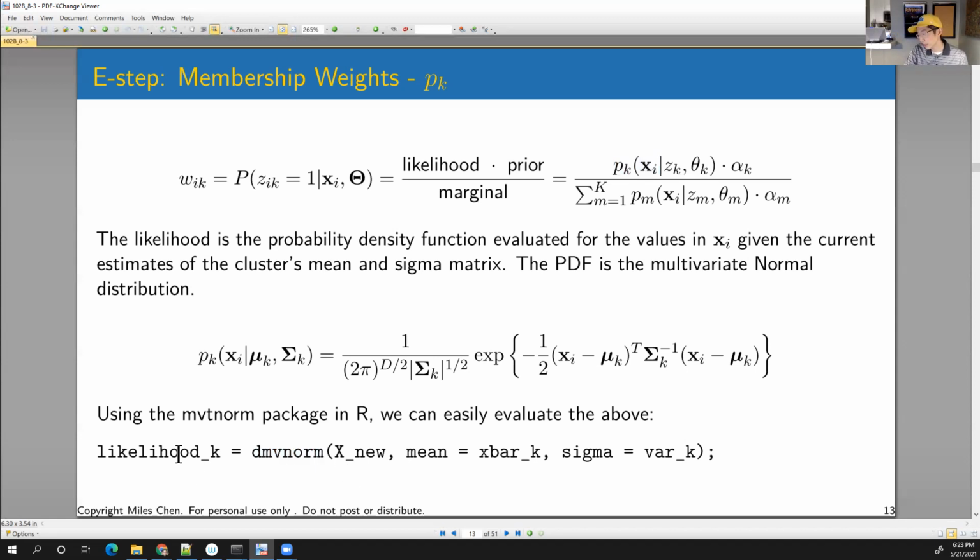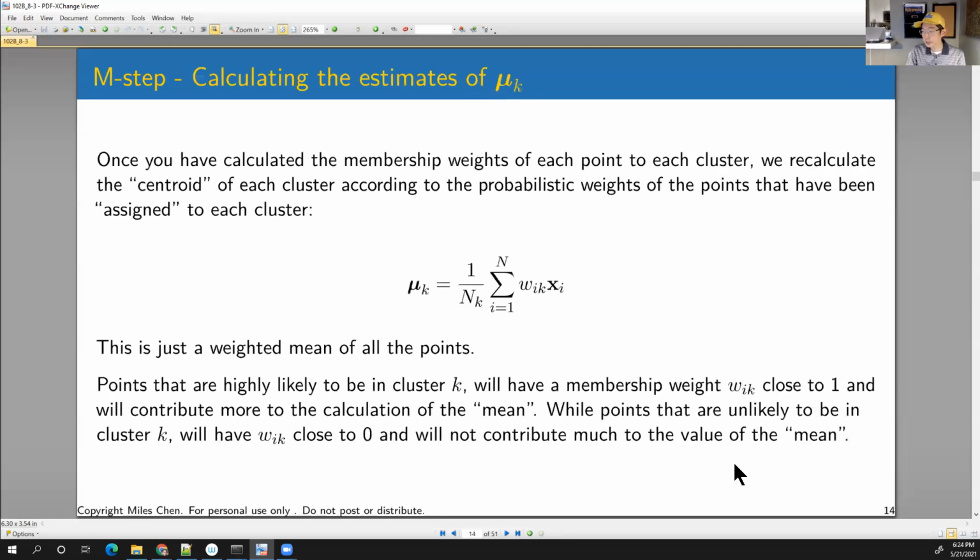So we're going to estimate the likelihood of some observation belonging to cluster K, given its values in X, and the current estimate of the mean for cluster K and the current estimate of the variance or sigma matrix for cluster K. All right, so that's going to give us the likelihood. Is that all right? Okay.